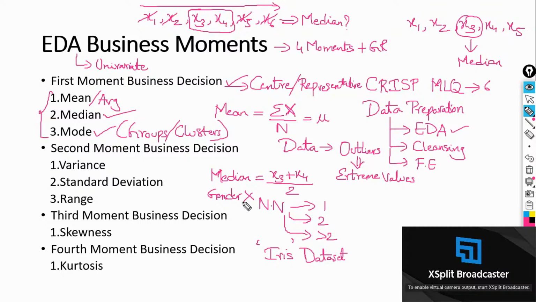No. So it's not only with respect to the first moment, throughout EDA, mark my words, observe whatever I'm speaking: throughout the entire process of EDA, mode is the only measure that can be calculated for non-numeric data. It means we cannot calculate mean, median, variance, standard deviation, range, skewness, kurtosis for non-numeric data.